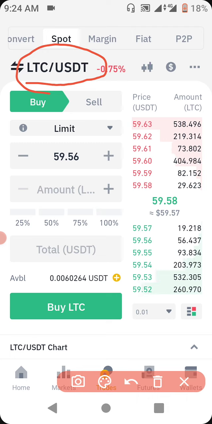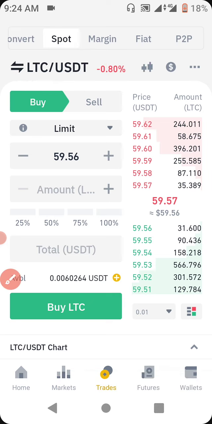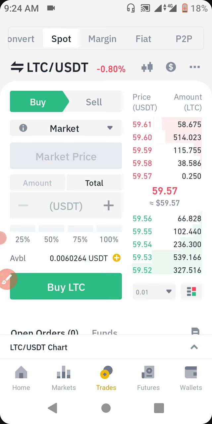It is the same thing as trading: you buy low, you sell high, but in spot trading you set your own price. Majority don't know about this. All they do is buy with the market.